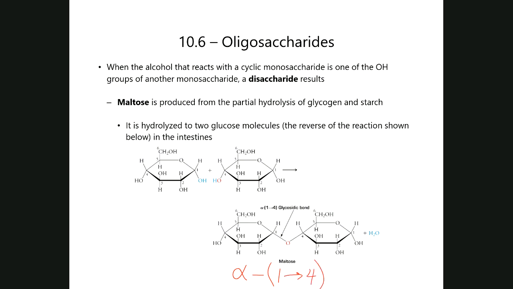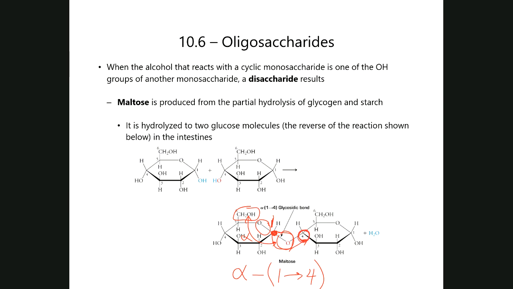So we call this an alpha 1,4 glycosidic bond. So again, why is it alpha? This is pointing upward, this is pointing downward, so they're in the opposite direction. This is what makes it alpha. And it's 1,4 because it's coming from carbon number 1 on this sugar, which is the acetal, the glycosidic bond. And then it's going towards carbon number 4 in the second sugar, okay?